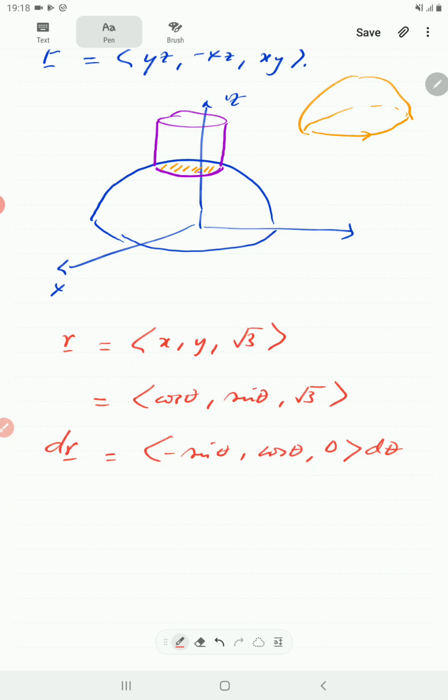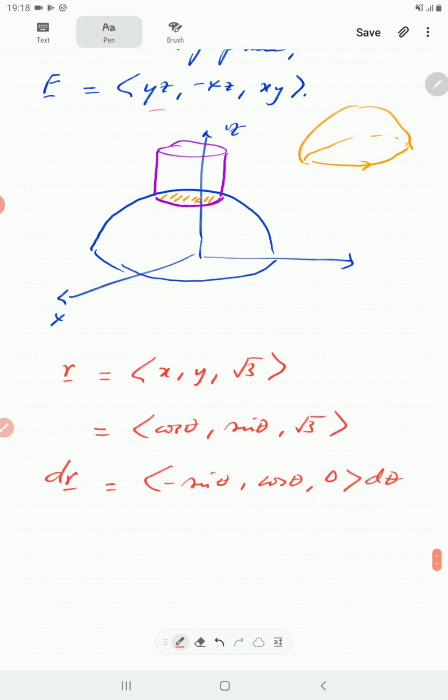And then the function F here, in terms of the parametric coordinates: yz is going to be root 3 sine theta, minus xz is going to be negative root 3 cosine theta, xy is going to be sine theta times cos theta. So that's going to be our F there.